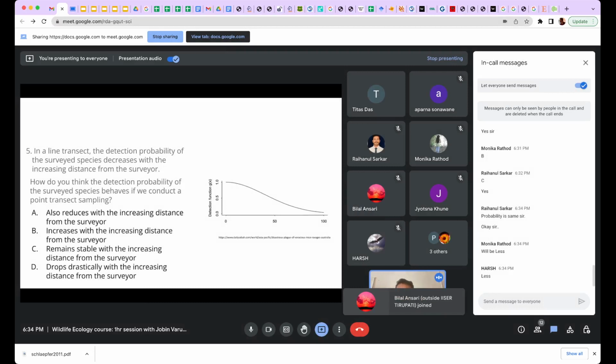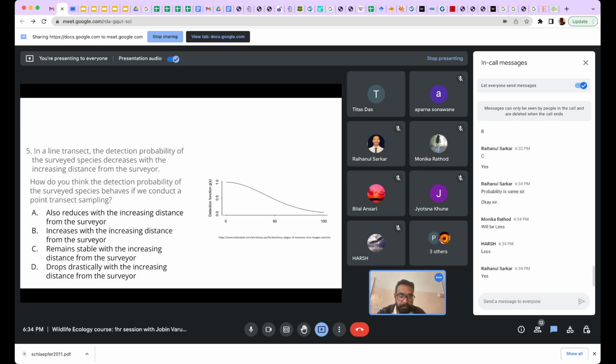Yeah, it would be less. Did you understand, Rehanul? Did everyone else understand? I know Titus understood. Monica and Harsh, you said less. So you understand why the answer is A, right? Yeah, okay.